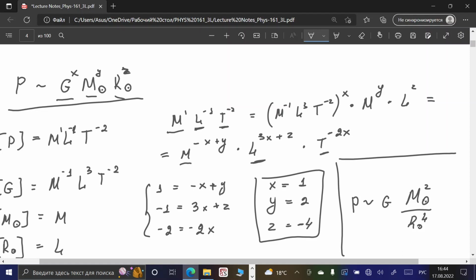So now it means that if we increase the mass of the star, obviously there is more material which will push down on the core of the star and increase the pressure inside.